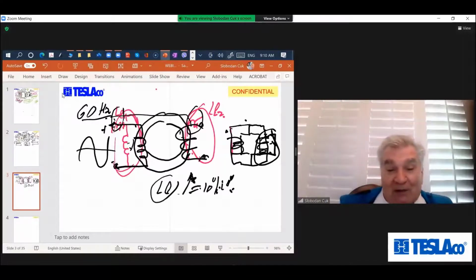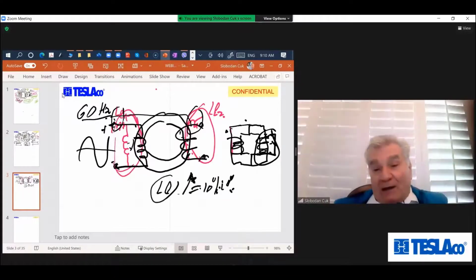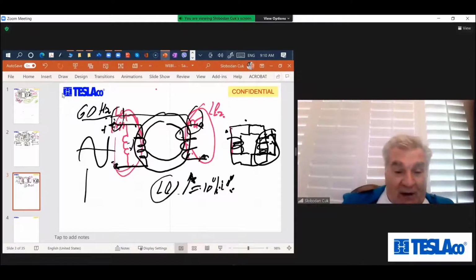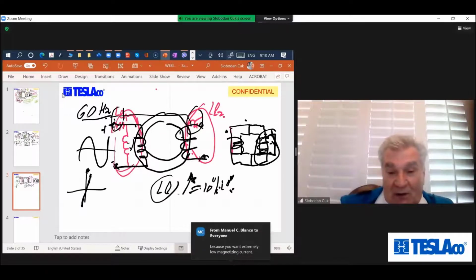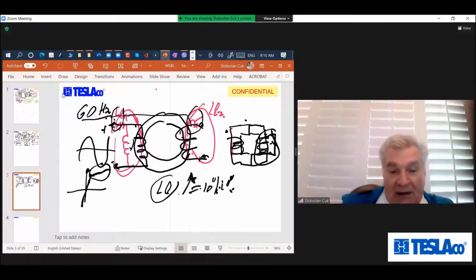You want this transformer to have high leakage because it will have a very high inductance, but once there is a short, all you're left with is the leakage inductance of this structure.